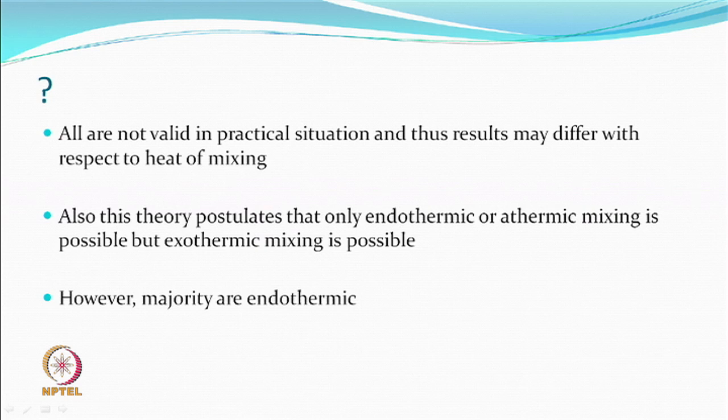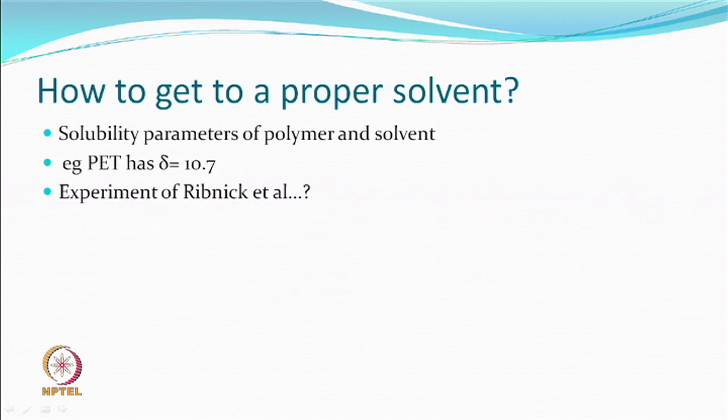So, we just discussed some of the experiments people did. One interesting result was that polyester has a solubility parameter of about 10.7. Ribnik and co-workers did extensive work trying to find out which solvent is going to work and which is not, based on the solubility parameter itself.